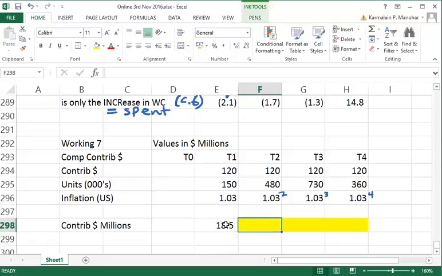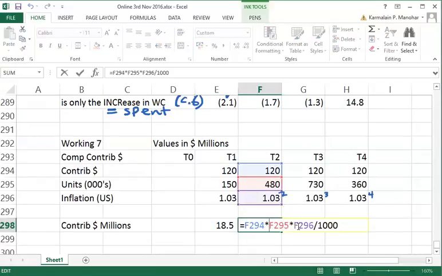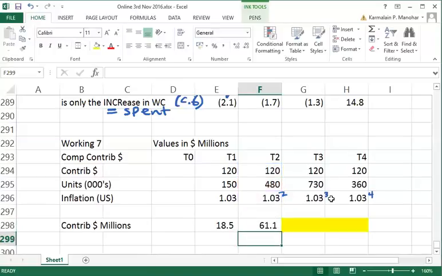So, taking this across, I need to know also when I get to this square, that's my 61.